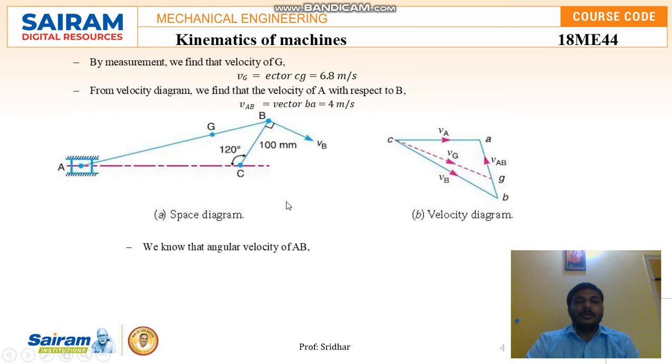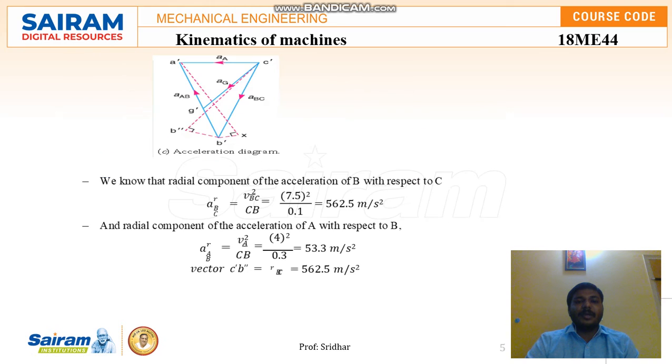The value of vector BC is 7.5 squared divided by 0.1, where 0.1 is the distance of C to B, which is 100 mm, converted to meters. Substituting, the acceleration component will be 562.5 meters per second squared.